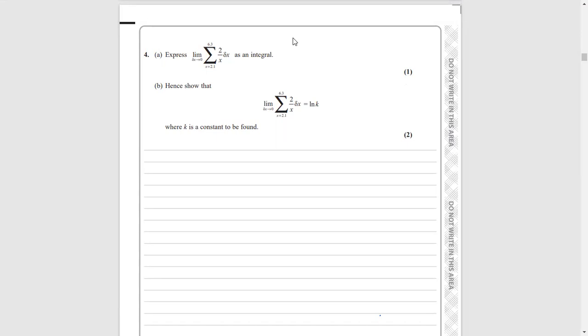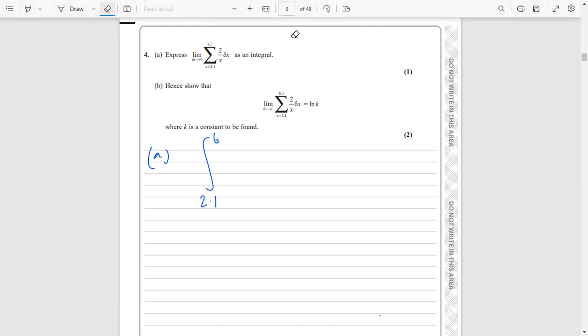So this is just the same as the integral from 2.1 to 6.3 of 2 over x with respect to x.